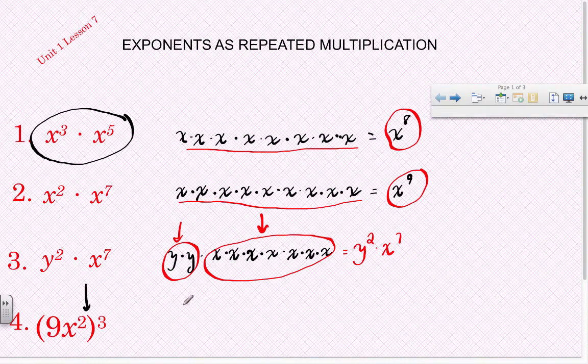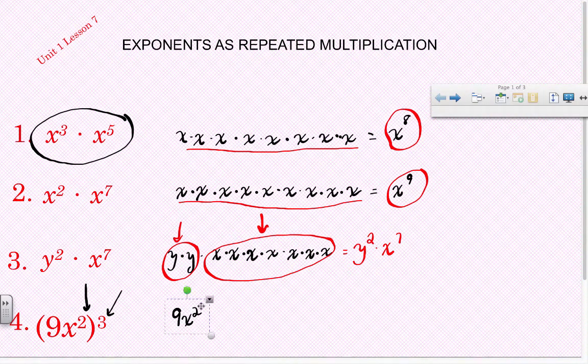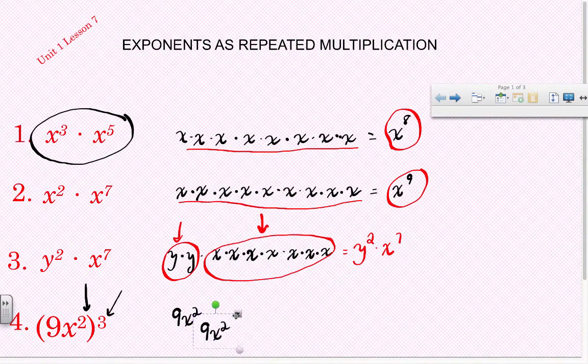It's saying I have 9x squared. But guess what? This tells me how many 9x squareds I have. I have 9x squared 3 times.